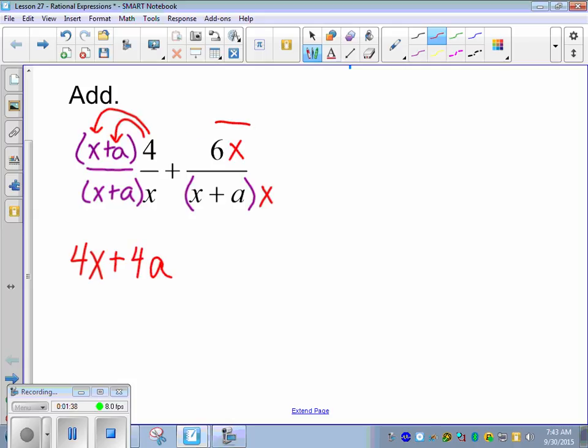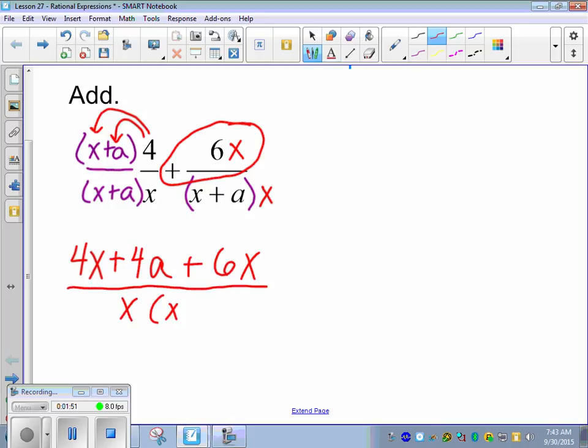And then plus 6x, and pay attention to this sign always. That's all over my common denominator, which is x times x plus a. You only have to write the common denominator once, just like with normal fractions.